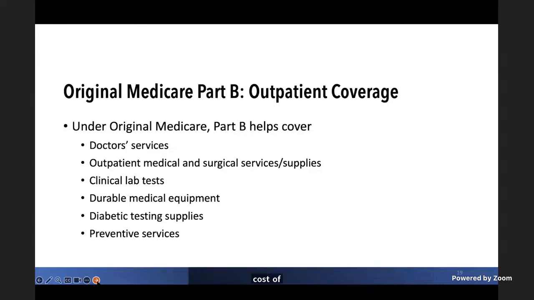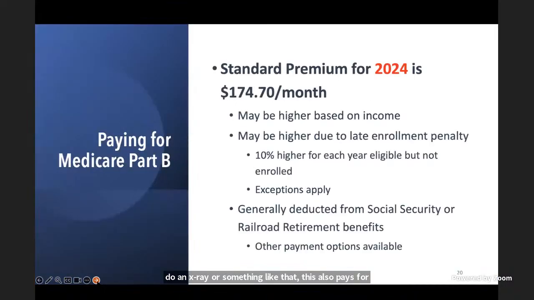Medicare Part B, B as in boy, is our outpatient coverage. So this is if I go to my health provider's office for a routine physical, or if I go there and they draw blood or do an X-ray or something like that. This also pays for durable medical equipment, diabetic testing supplies, and a lot of preventive services.